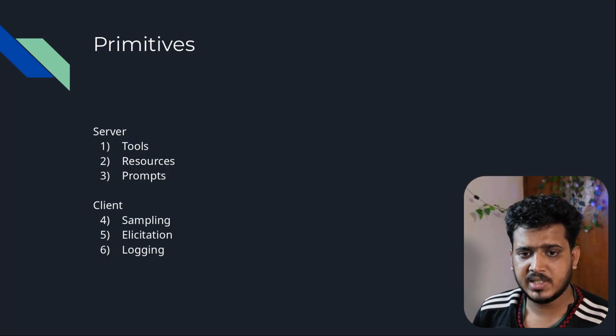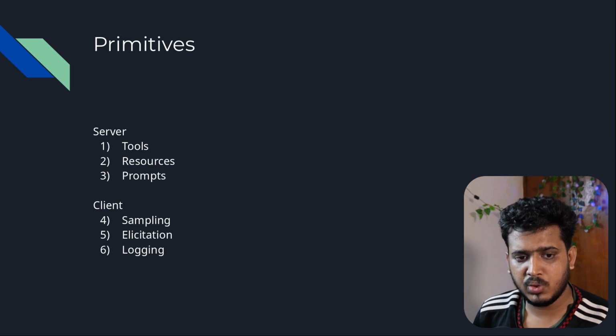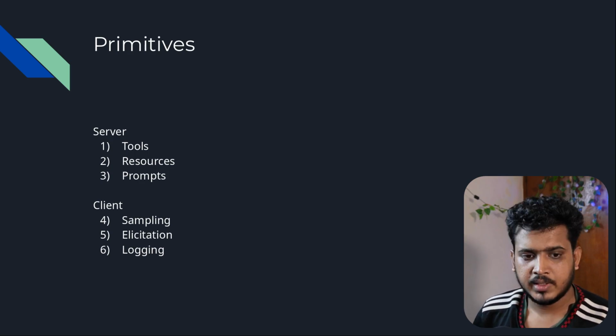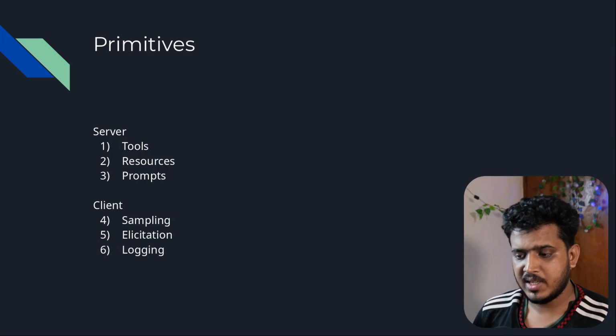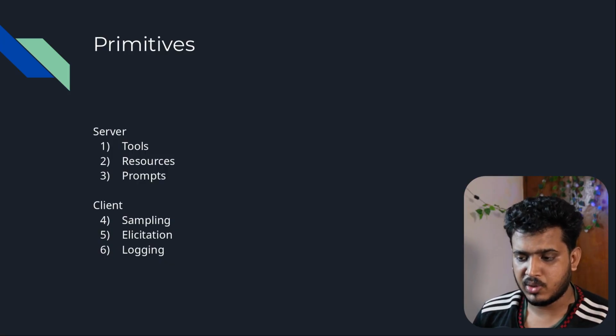MCP defines three core primitives that servers can expose: tools, resources, and prompts. We are going to learn all of them by coding. Additionally, MCP defines primitives that clients can expose. Those primitives allow MCP server authors to build richer interactions: sampling, elicitation, and logging.